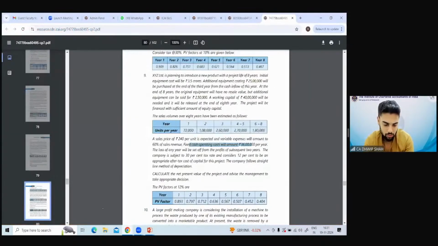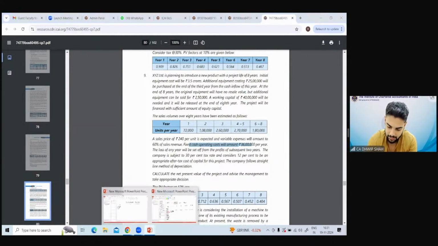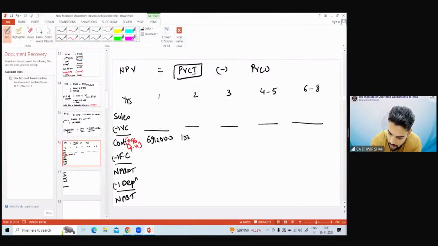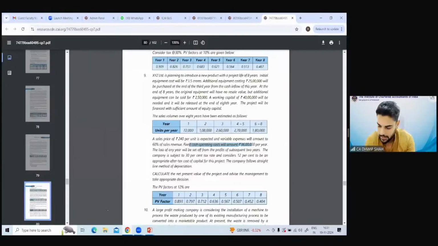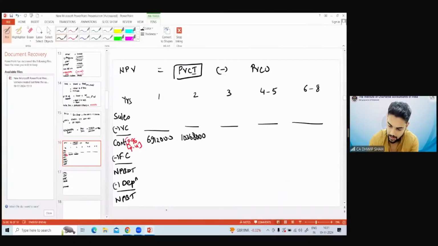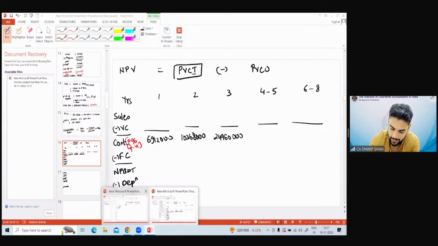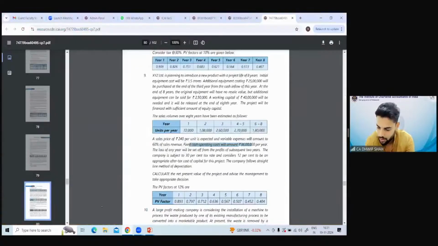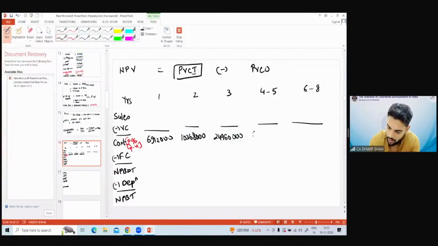For year 2, 108 into 96, 103.68 lakh. There would be now some space constraint. For year 3, 260 into 96, 249.60. For year 4 to 5, 270 into 96, 259.20.